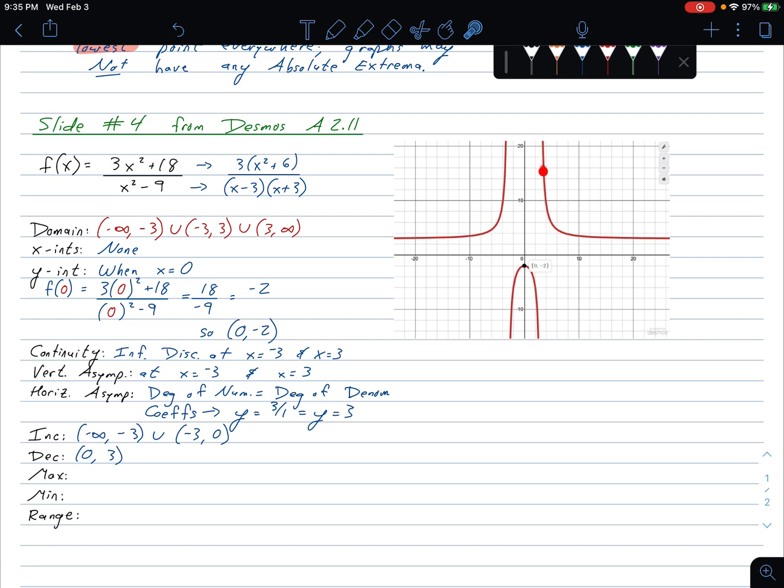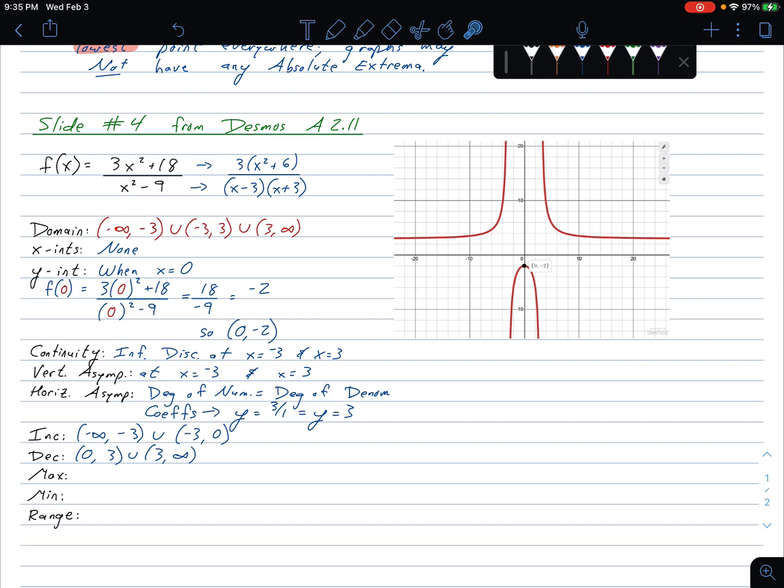And then what happens on the other side? I'm going down, down, down, down. If I kind of look at this, if I were to have this in Desmos, you would see the numbers are getting gradually smaller for the y value, meaning as I'm going to the right on the x value, the y values are getting smaller. So I'm also decreasing from 3 to infinity. This is my only point I'm looking at.